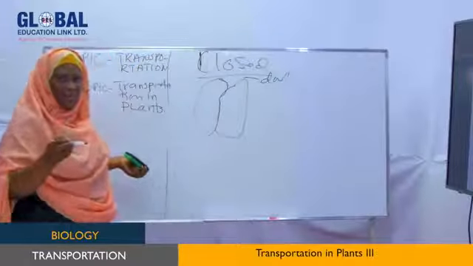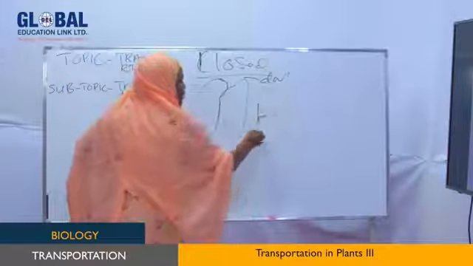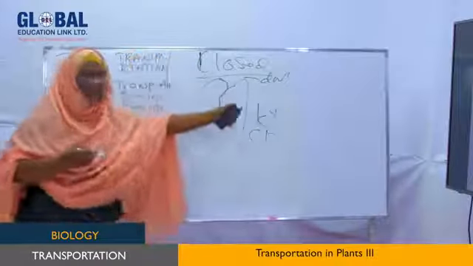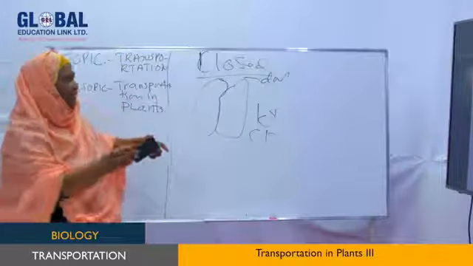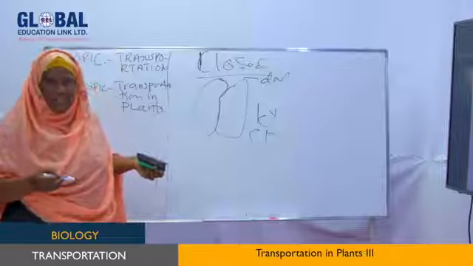At that time, more potassium ions and chloride ions will be on the outside. When I say outside, I refer to other epidermal cells.